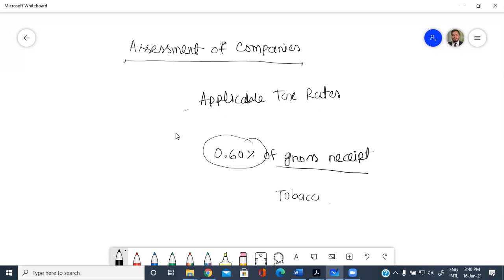Okay. For tobacco, this minimum tax rate is 1%. And for a mobile operator company, should it be higher than tobacco or lower than tobacco? Higher than tobacco. Lower than tobacco. It will be lower, so equal to tobacco most probably.